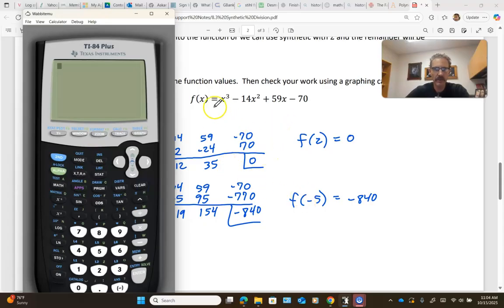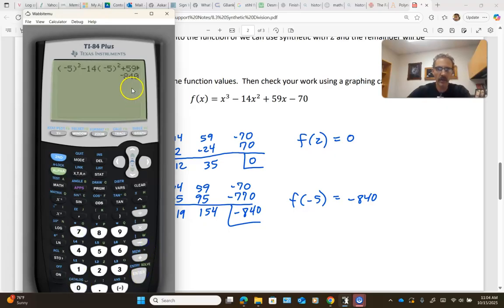Alright, so I'll just plug negative 5 in for those x's, so I want to make sure I keep it in parentheses. I'll cube it. Minus 14 times negative 5, and that is squared, plus 59 times negative 5, and then finally minus 70.